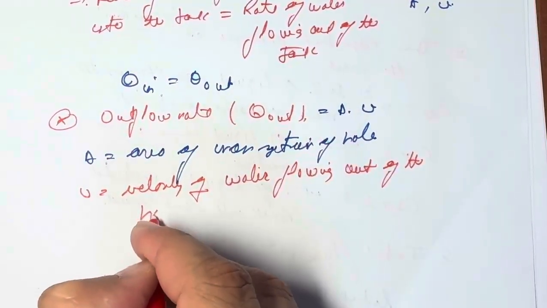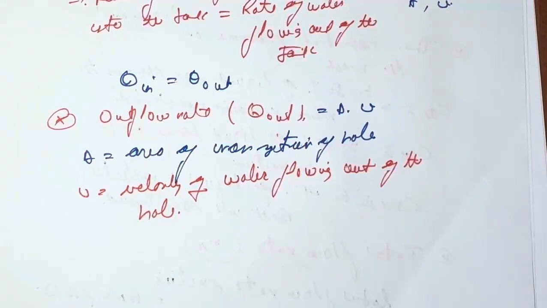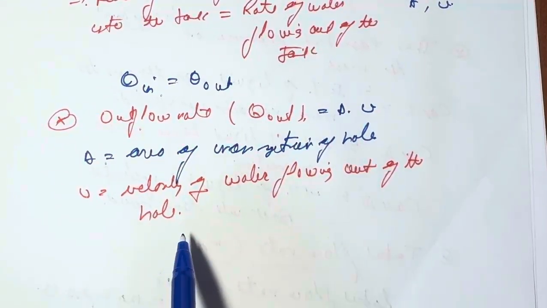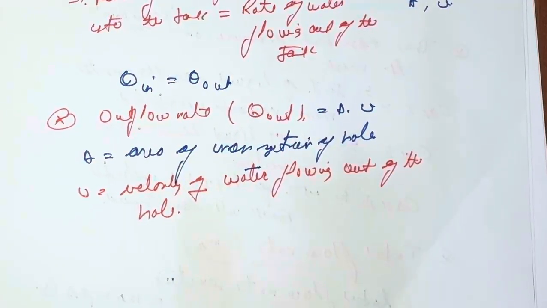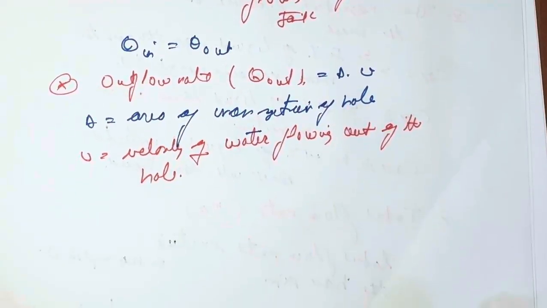And this velocity v of the water flowing out of the hole can be found out by using Torricelli's theorem.